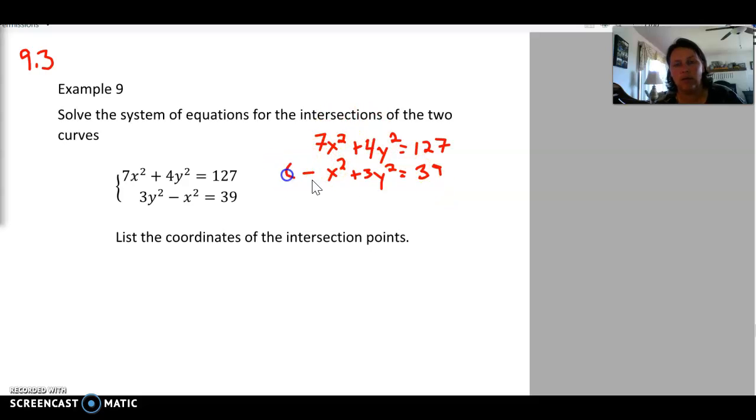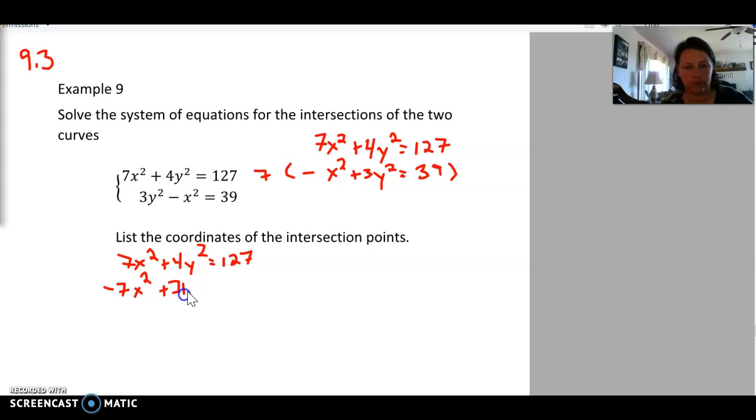Now I'm going to multiply this second equation by 7 all the way through. So I'm going to come down here. So now I have 7x squared plus 4y squared equals 127. Then multiplying the bottom one by 7, we have negative 7x squared plus 21y squared equals 273.